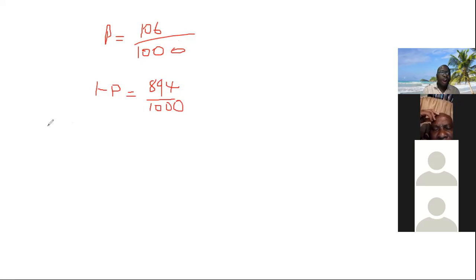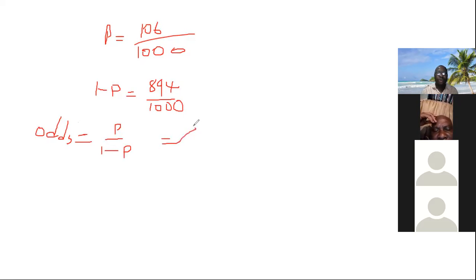So odds, we are talking of odds now. We know that odds is P over 1 minus P. So from this, it's going to be 106 over 1000 divided by 894 over 1000.